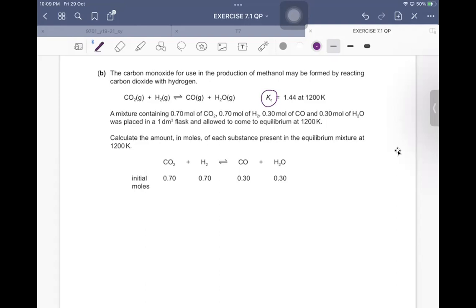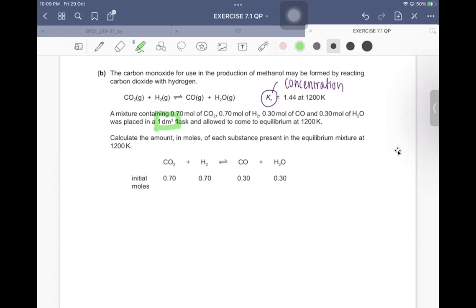So remember, we are dealing with Kc, so we want concentration. At the moment, we just deal with number of moles first, but don't forget that information later on. It is allowed to come to equilibrium at 1200 Kelvin. Calculate the amount in moles of each substance present in the equilibrium mixture.